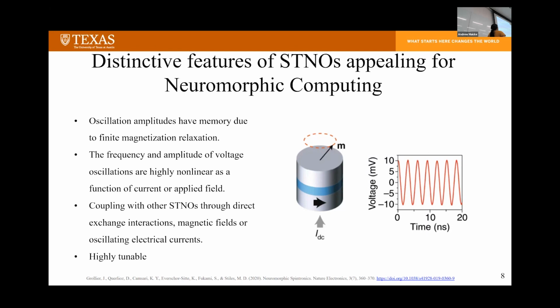And then the last distinctive feature is that it's highly tunable. That allows synchronization to other oscillators via magnetic interactions.